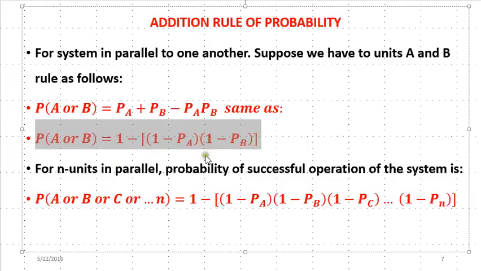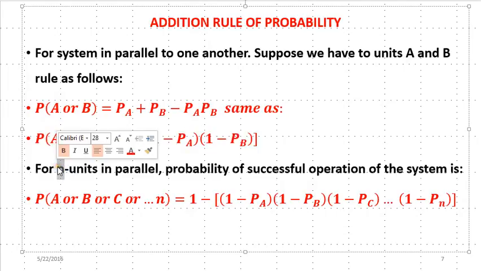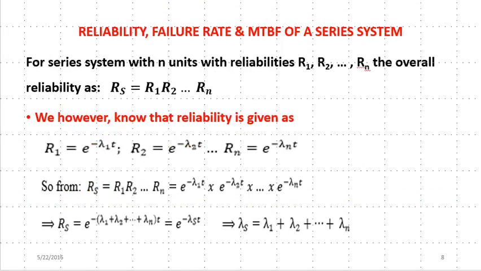So based on this, for two systems, it means if I have n units connected in parallel, my overall probability should be 1 minus (1 minus PA) times (1 minus PB) up to PN, depending on how many we have in parallel.